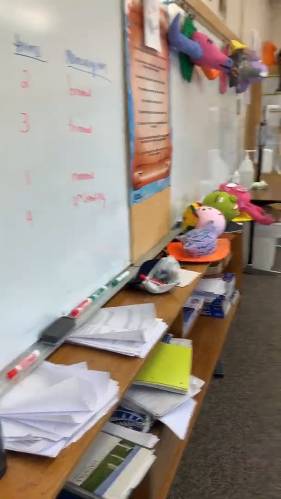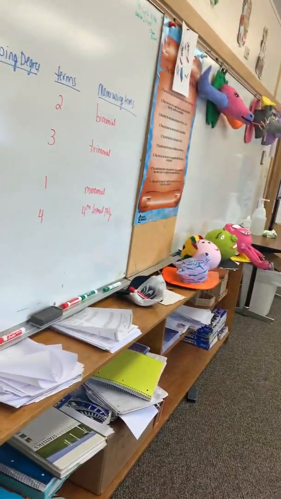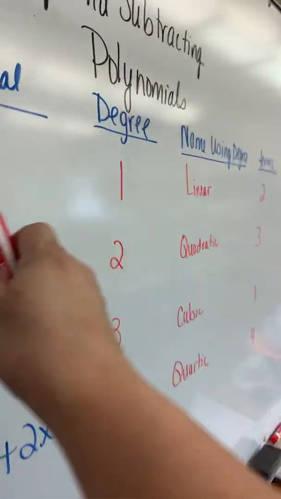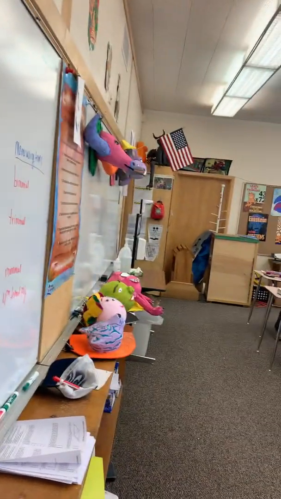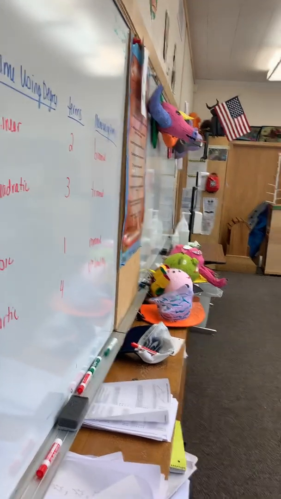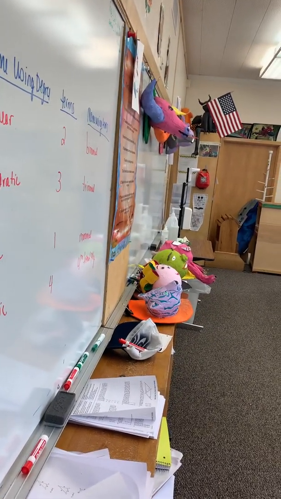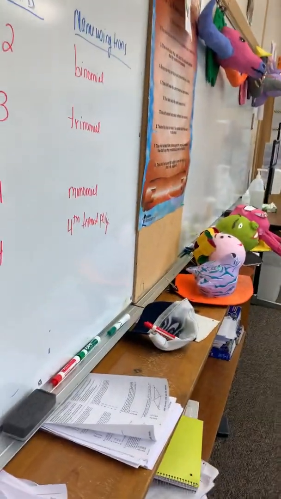So there is how you classify these. On that very first one, what would this one be called? Linear binomial. What would this one be called? Monomial. And this one is a quartic fourth term polynomial.